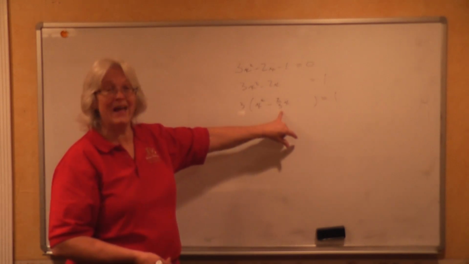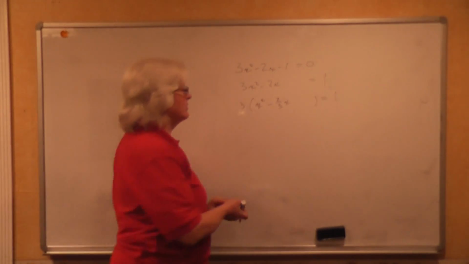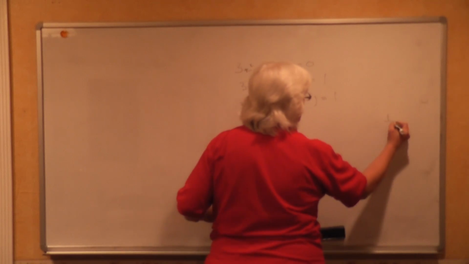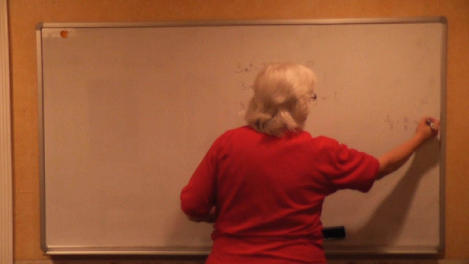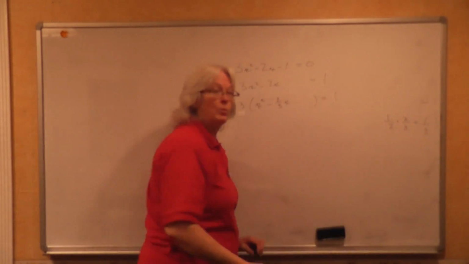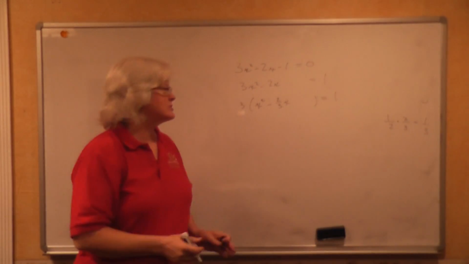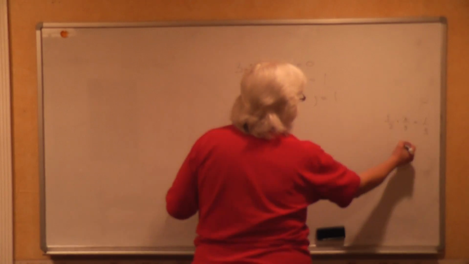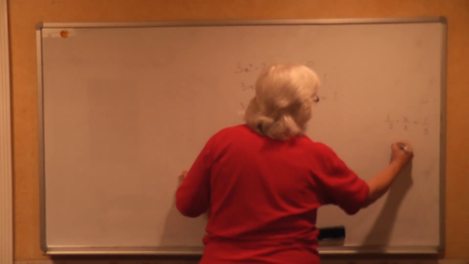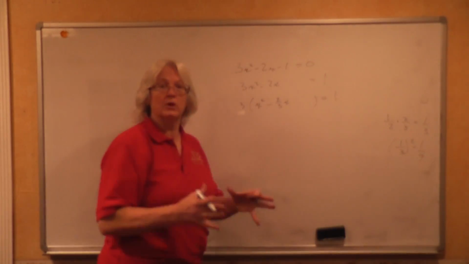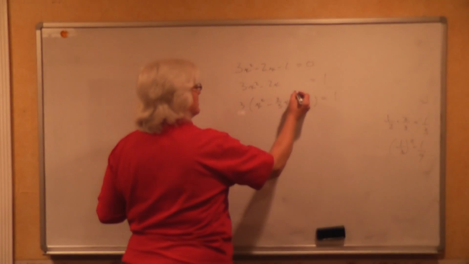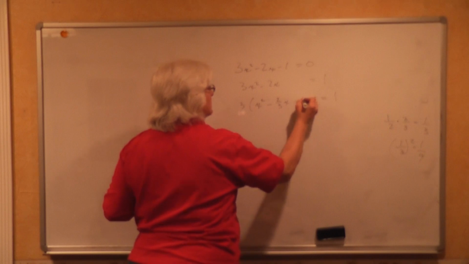We're going to take 1/2 of 2/3. 1/2 of 2/3 is equal to 1/3. Then we're going to square it. 1/3 squared is equal to 1/9. So we're going to add 1/9 to complete the square.